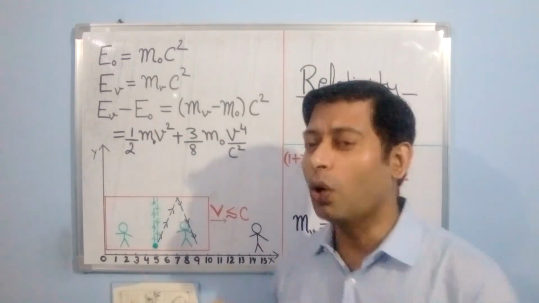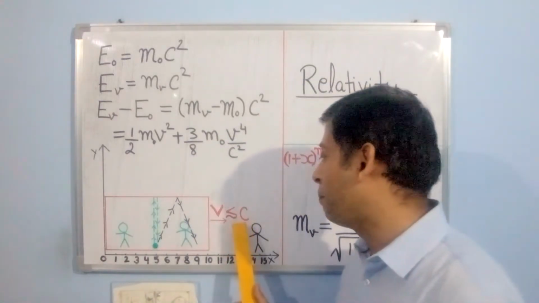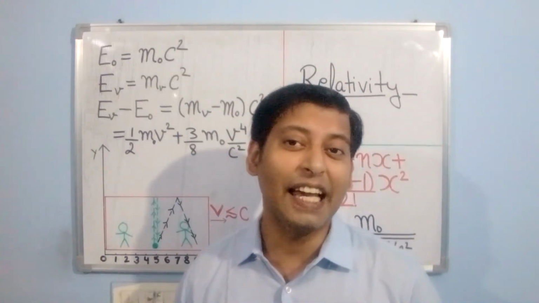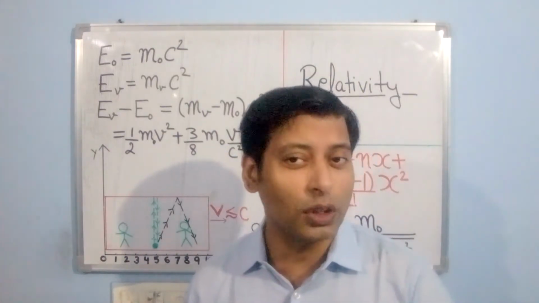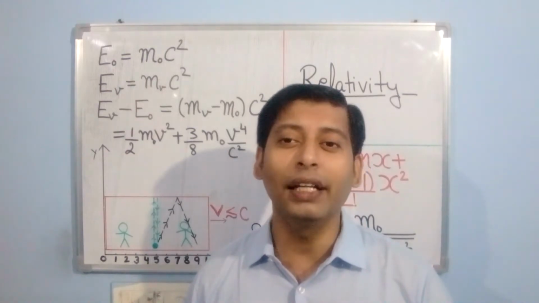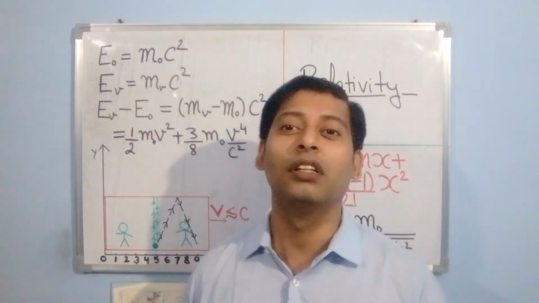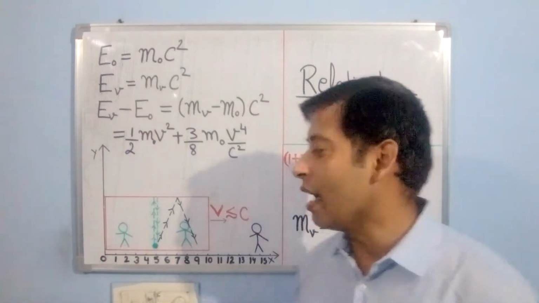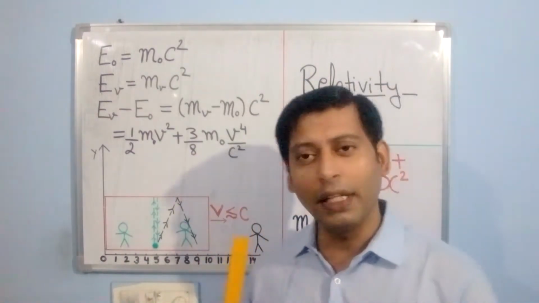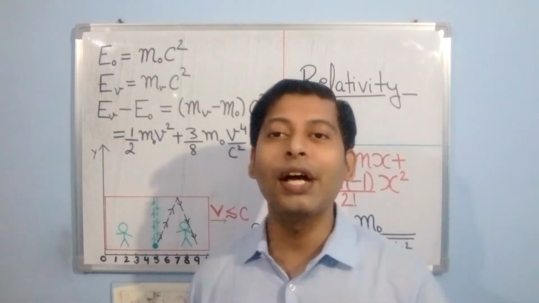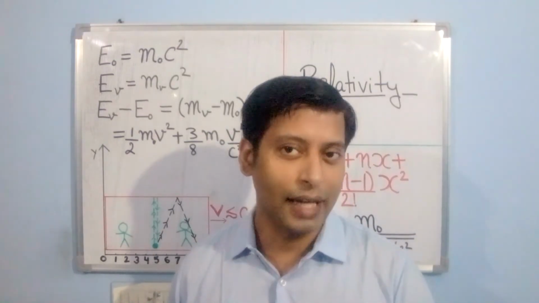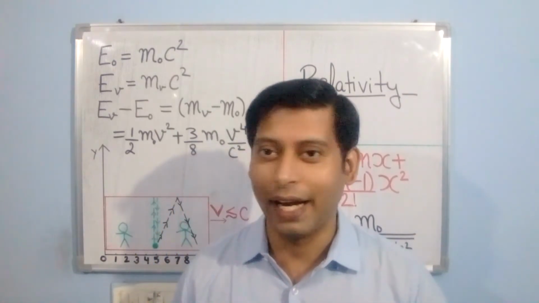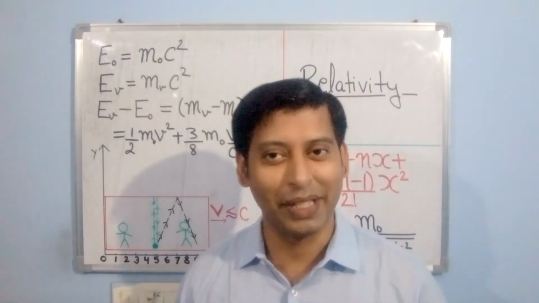It should be so large that it is approaching the speed of light, but it can neither equate to the speed of light nor overtake this limit. So at best it is approaching. It will always be less than but near to the speed of light. There our relativity, which was given by Albert Einstein, works the best.